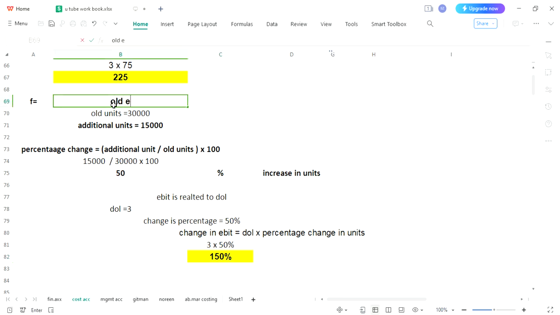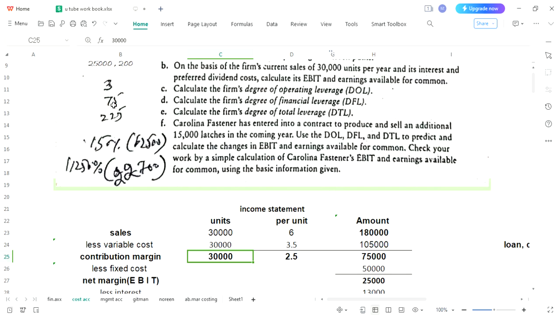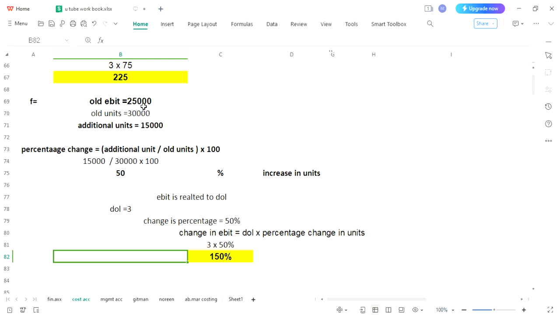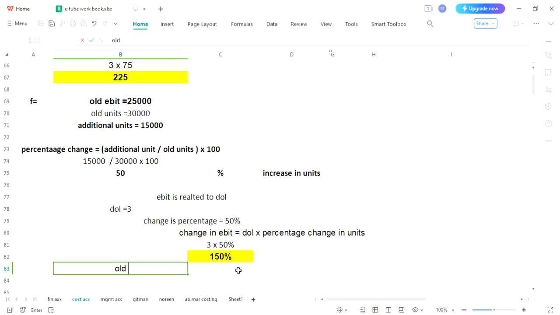Old EBIT was 25,000, and this is your change in EBIT, which is 150%, and we are required to calculate changes in EBIT and actual income. Okay, old EBIT was 25,000, and what change would come? Simply you will do old EBIT, and that would be multiplied with change percentage.